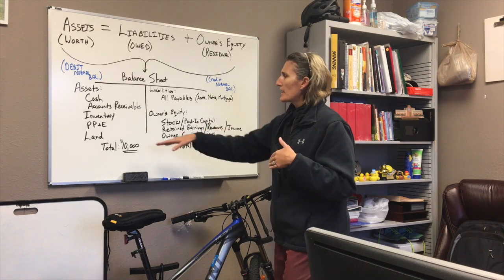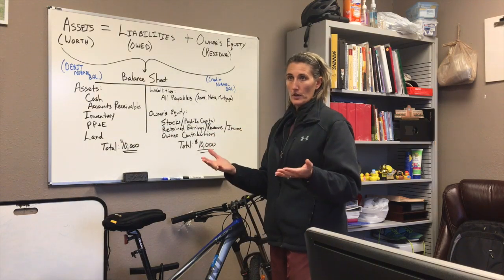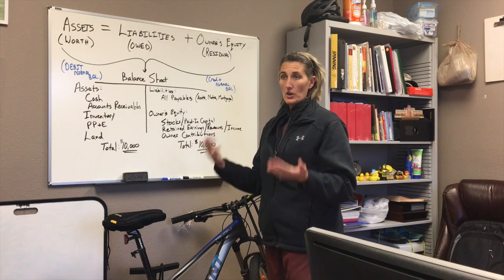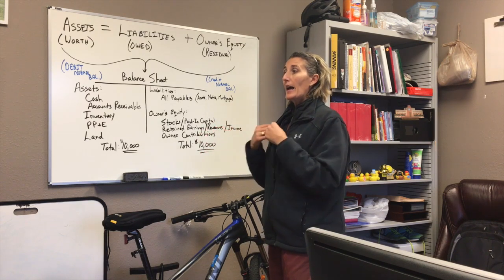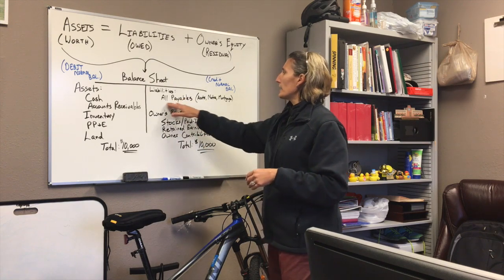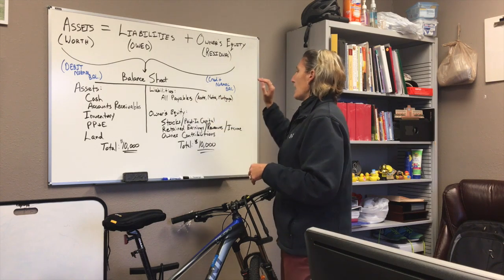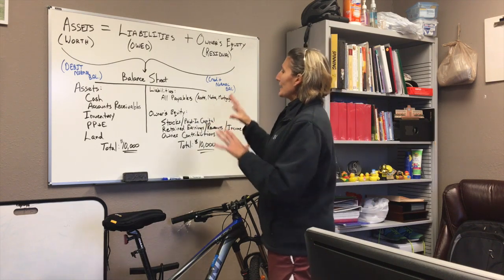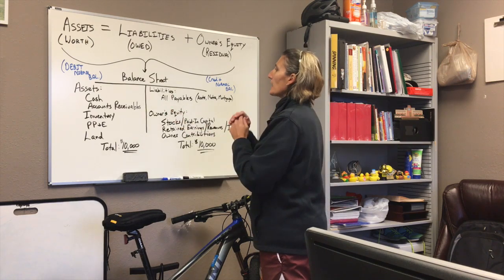So if I have a huge piece of equipment out there and I had to take out a $1 million loan, that would go on my books as a note. So any kind of payable, any kind of liability, if I owe somebody something, it's going to fall into this area here.